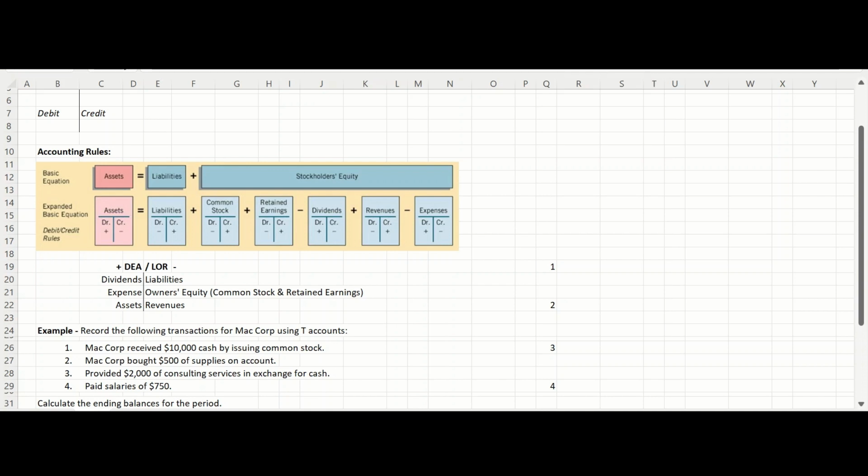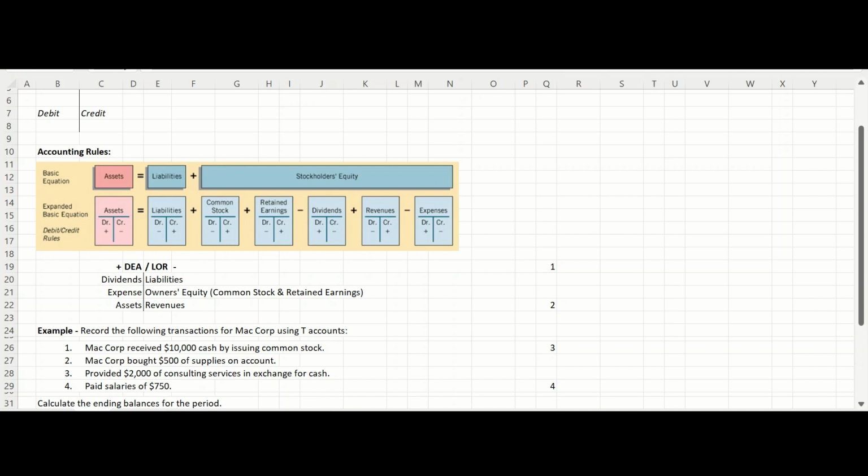And then below the accounting equation, within the T account, we can see how debits and credits affect the specific account. So assets are increased by debits, liabilities are increased by credits, and so on and so forth. You're welcome to study this table, but I also have a simple mnemonic that can help you remember how accounts are affected. Down here I have the DEALER mnemonic. The DEA, everything before this line, is increased by debits.